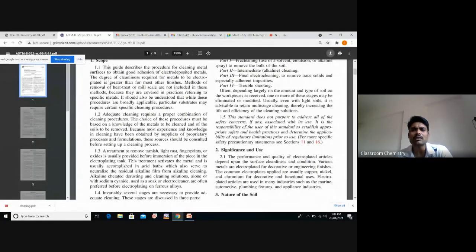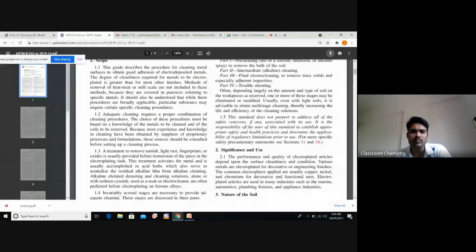Why? Because the object or the cathode before electroplating is not clean. They have some rust, some dirt on the surface of this cathode rod or electrode, and hence cleansing is a must.